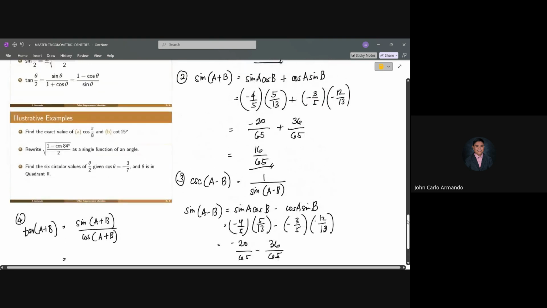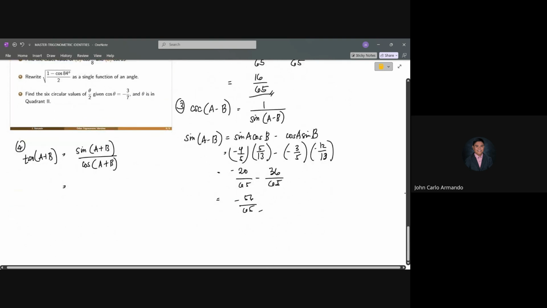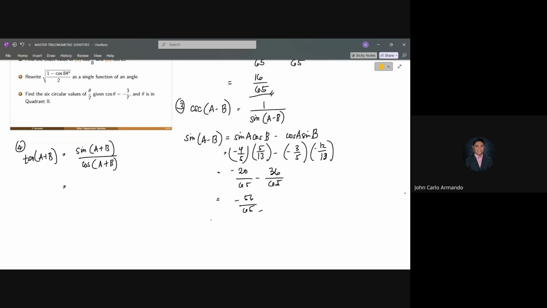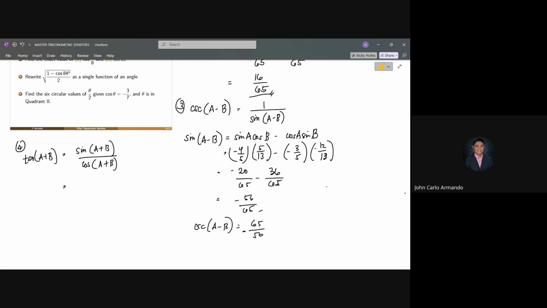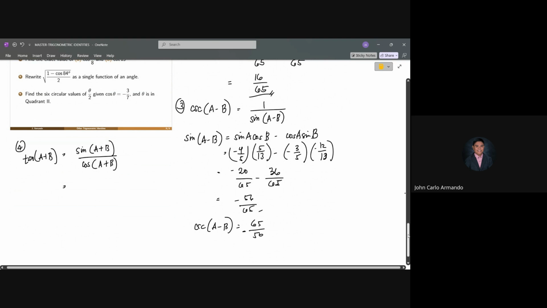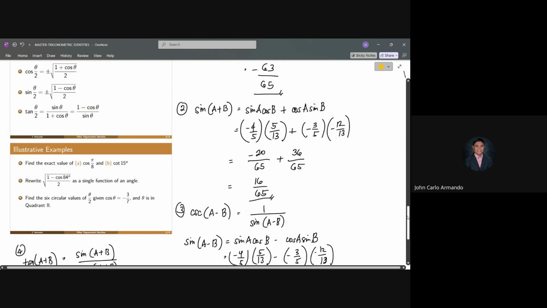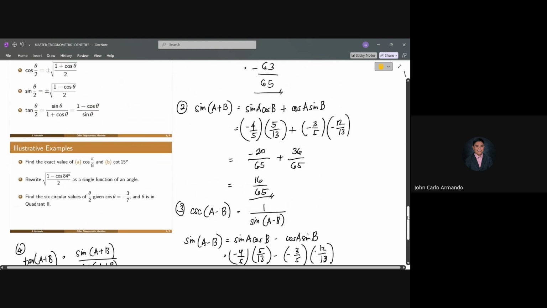By the way, this is not yet the answer for number 3 because this is only sine A minus B, and therefore cosecant A minus B is simply 65 over 56, negative, because we need to get the reciprocal. Okay, so sine A plus B divided by cos A plus B. And what is sine A plus B? Number 2. Sine A plus B is 16/65.